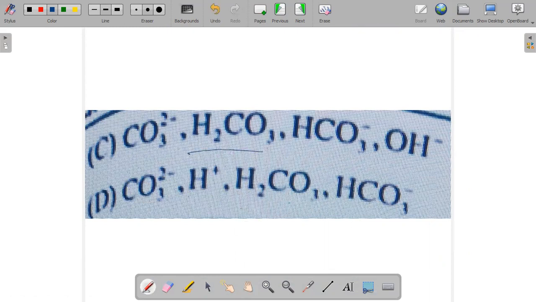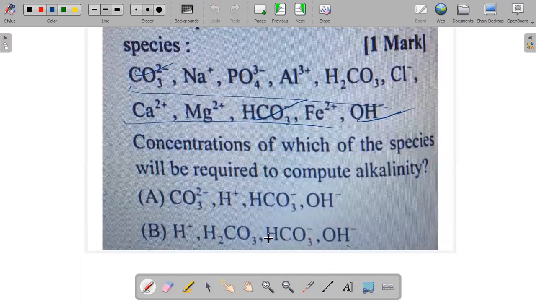So here it is, this option is correct. The concentrations of species which we need to compute alkalinity are CO3 2 minus, HCO3 minus, and OH minus. So this is our correct option.